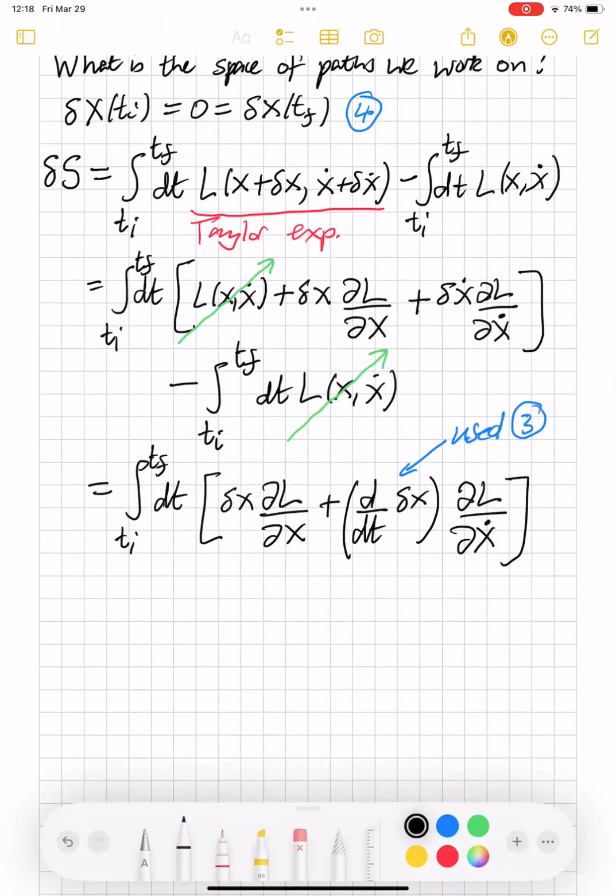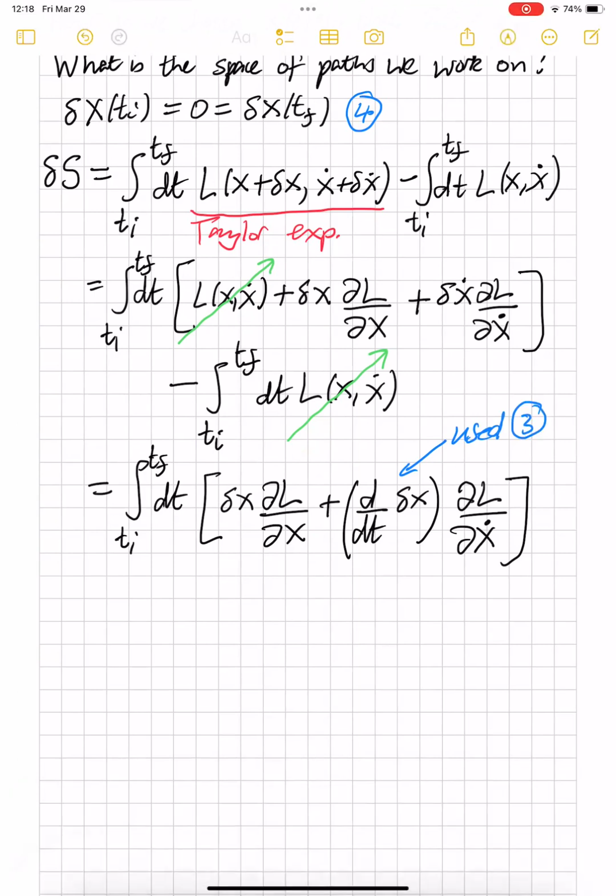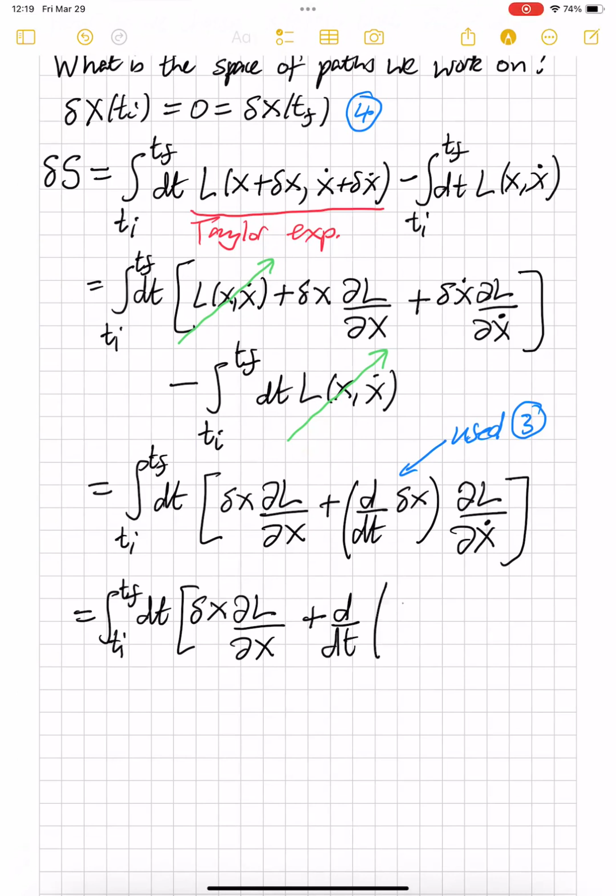Good. Okay, so next, what is this equal to? Well, this is equal to an integral from Ti to Tf dt. Then we've got delta x dL/dx. I'm going to do a little manipulation here. I'm going to say plus d by dt. Now, d by dt does act on delta x, but I'm actually going to take d by dt of delta x times dL/dx dot.